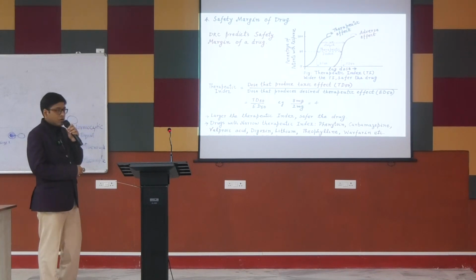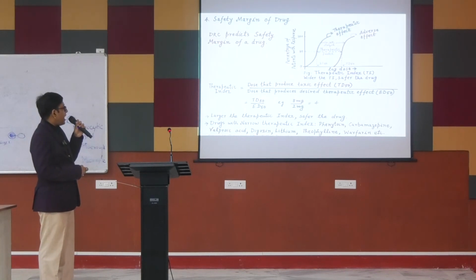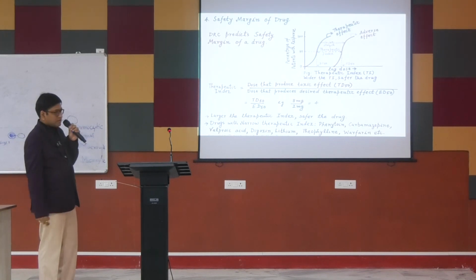In the second dose response curve, we have not seen the therapeutic effect. We have seen adverse effect. So, we have plotted a curve with adverse effect and a curve with therapeutic effect.